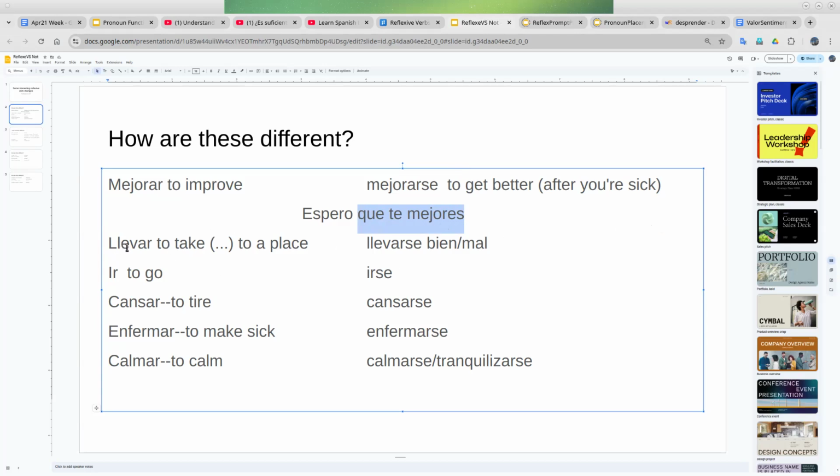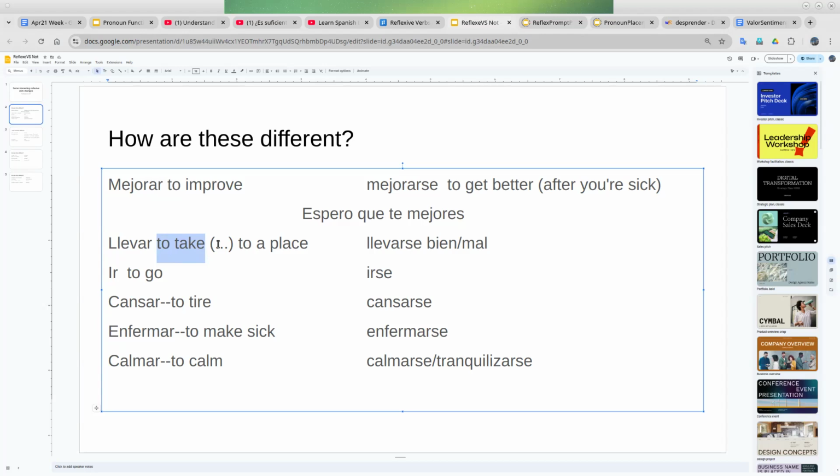Okay. Llevar, I'm just kind of showing you how some verbs will change meaning. Llevar is to take something and move it to a different spot. But we usually use the idea in English to translate llevar as to take something to somebody, to take somebody, like in your car, to a place.